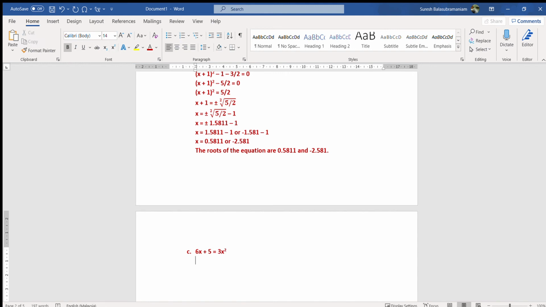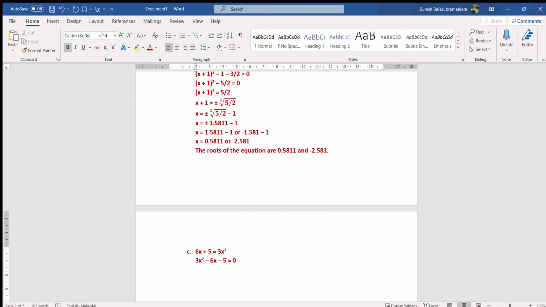Rearrange this so that it follows the standard quadratic form, ax square plus bx plus c. So I get 3x square minus 6x minus 5 equals 0.